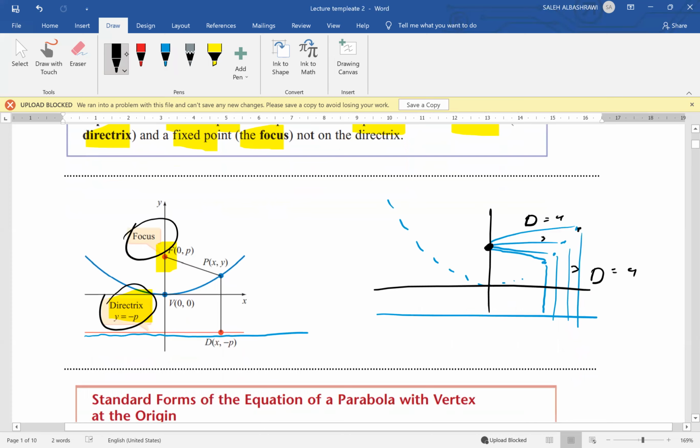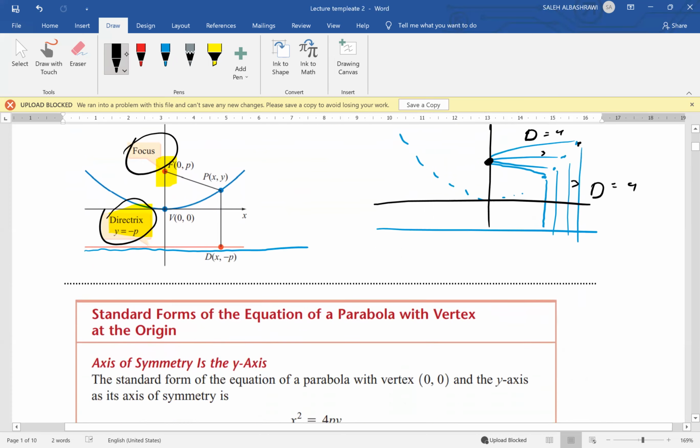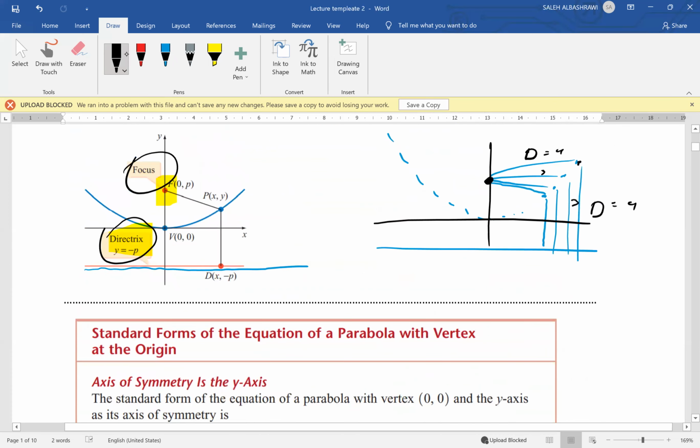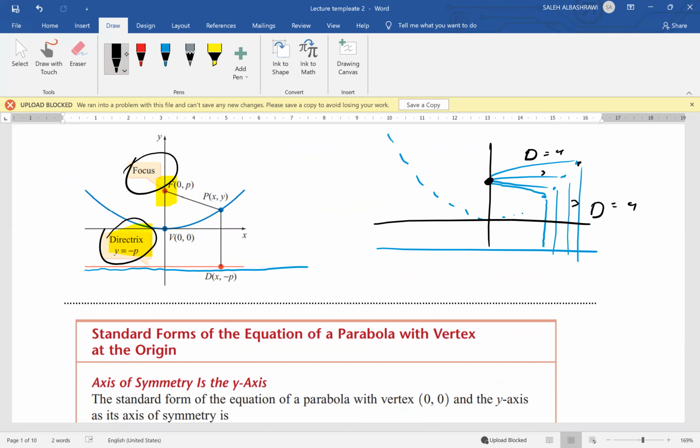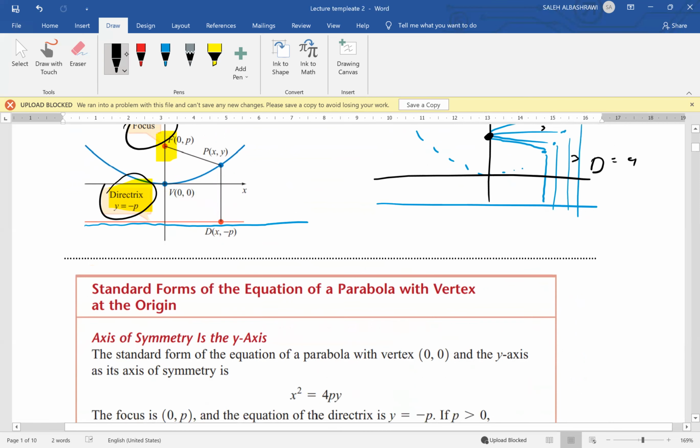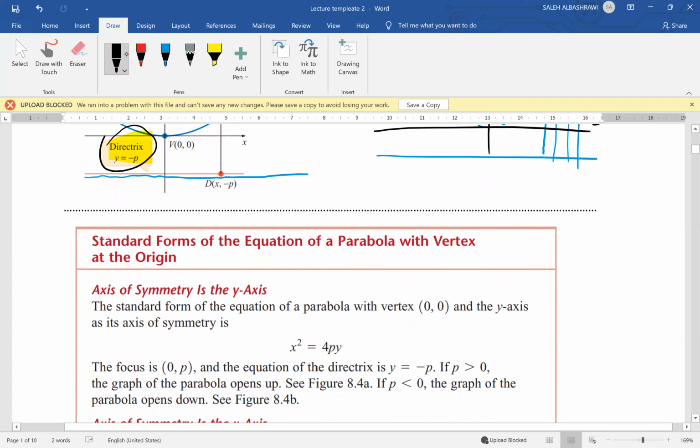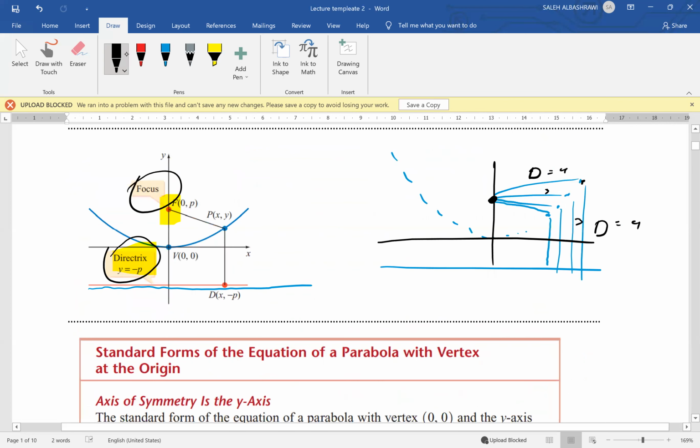For the parabola, we have different forms. This parabola can be open on the positive x-axis, or negative x-axis, or upward in the positive y-axis or negative y-axis. In the first case, the axis of symmetry is the line passing through the focus and the vertex.